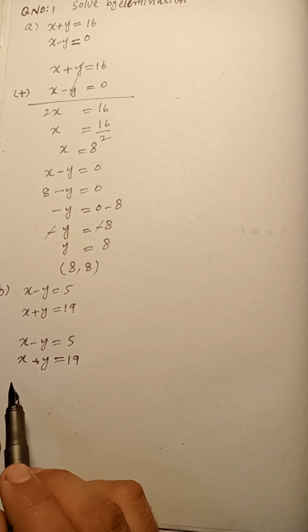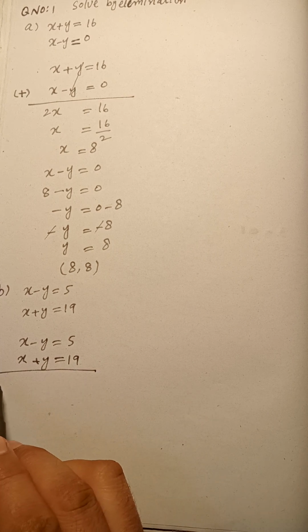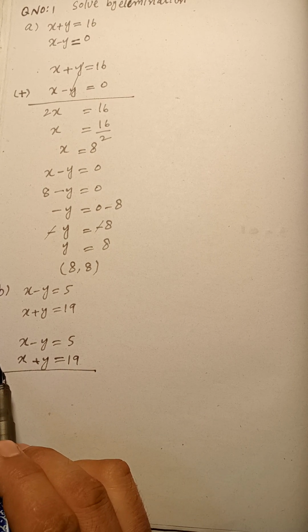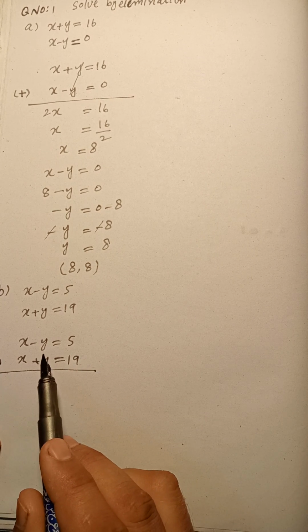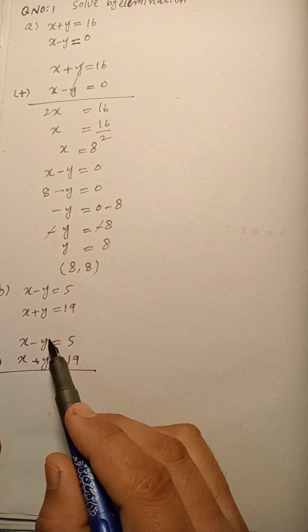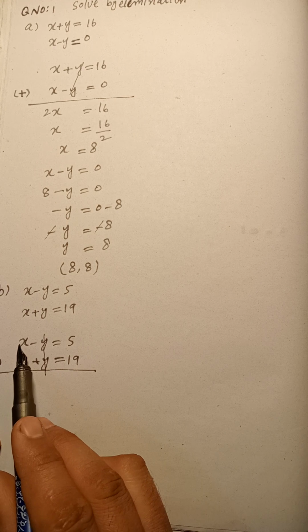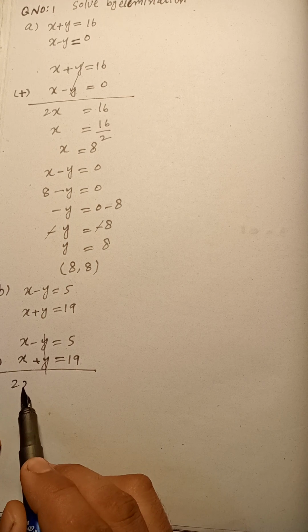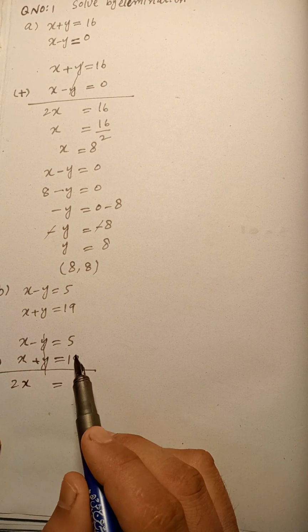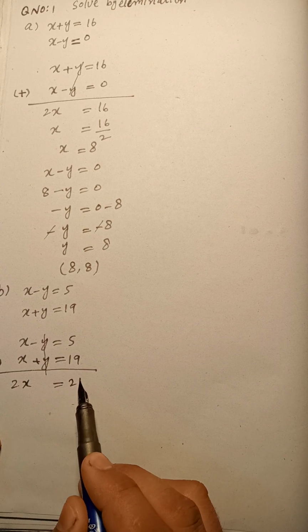So we simply can remove them by adding the equations. So put the plus sign here and remove these two with each other, and 1x and 1x makes 2x is equal to 19 plus 5 is equal to 24.